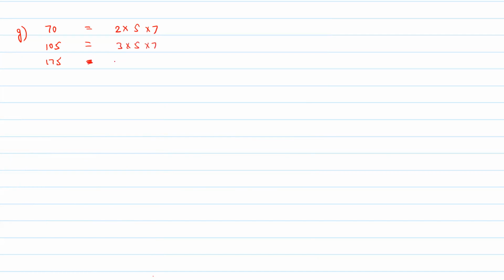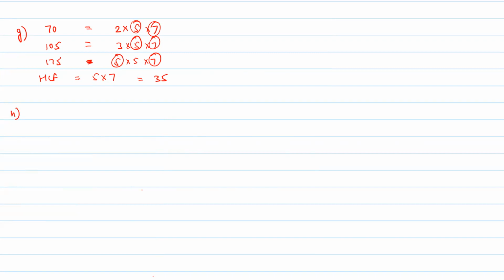And 175 can be written as 5 into 5 into 7. So HCF is 5 into 7, because in all three we can see 5 is common and 7 is common. So 35. We have to see in all three.